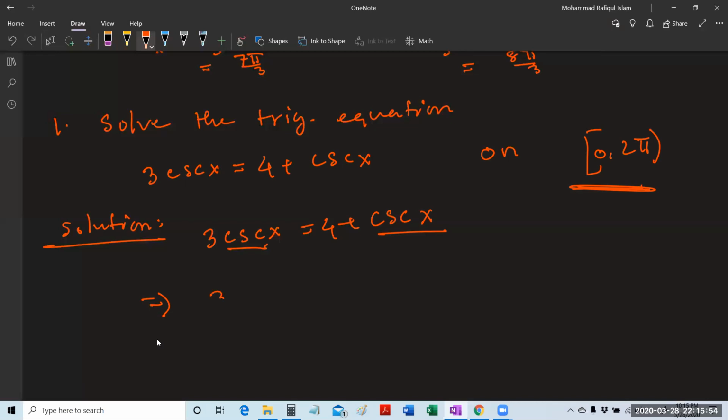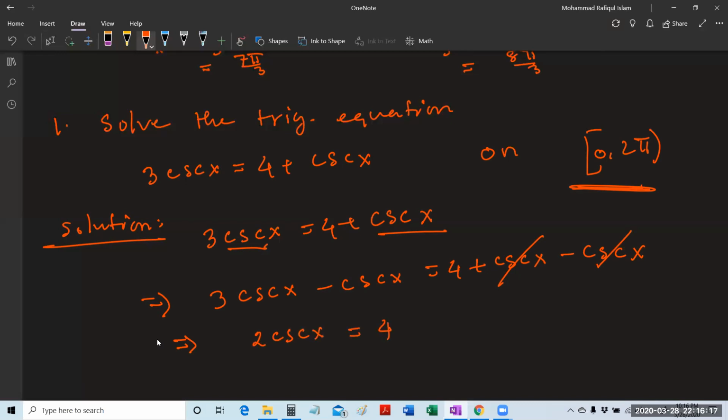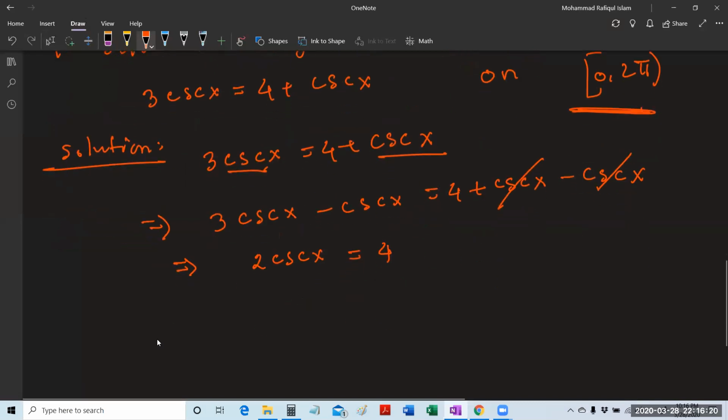That will give you 3 cosecant x minus cosecant x equals 4 plus cosecant x minus cosecant x. So the cosecant x terms on the right side will cancel each other, and we'll be left with 2 cosecant x equals 4. Now we have constants on both sides, and we can just divide both sides by 2. We get cosecant x equals just 2.